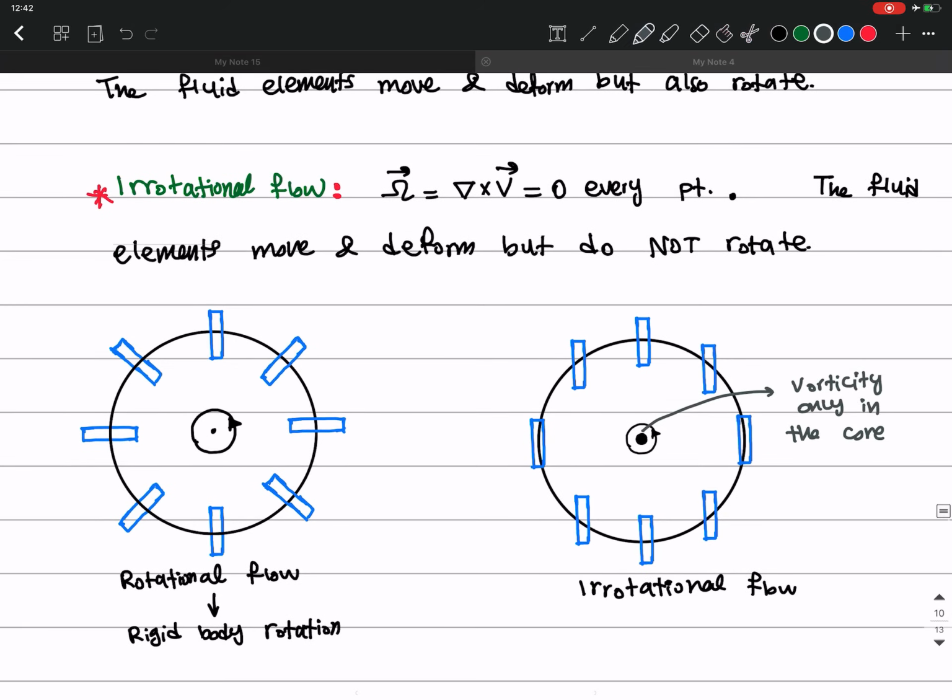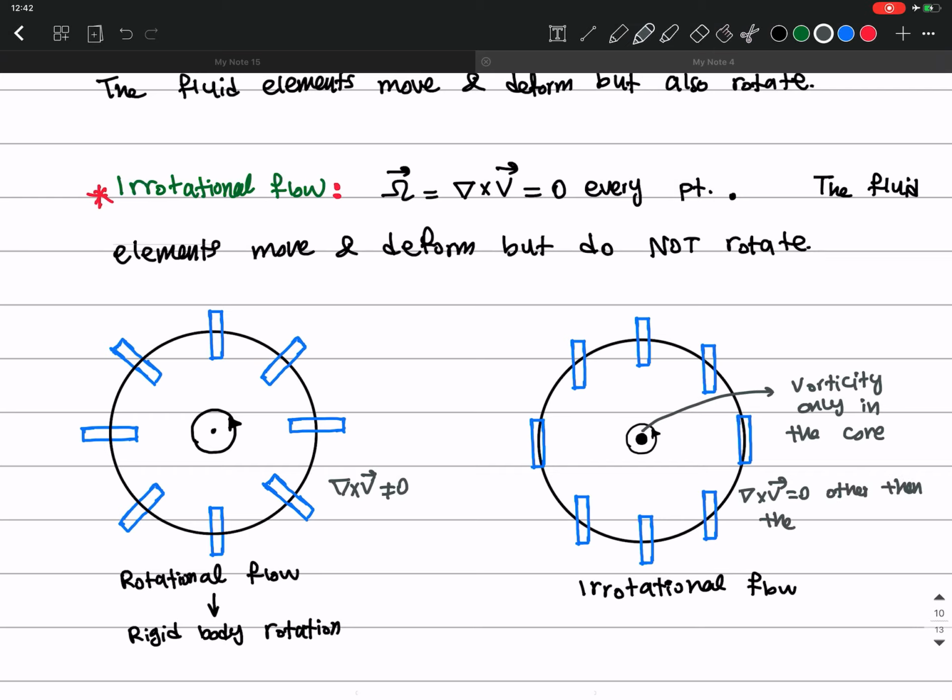So we have vorticity only in the core, but at every other point the vorticity is just zero. If you calculate the partial derivatives, this vector is going to be zero here. This is not zero. And vorticity is going to be zero everywhere other than the core.